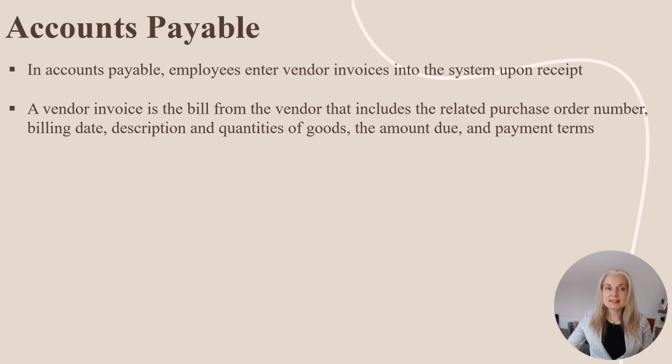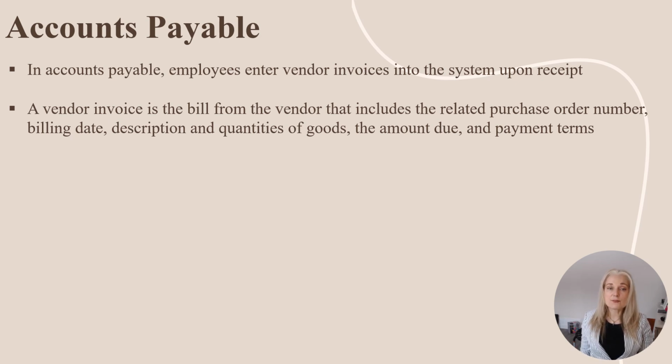Now we are at the stage where the accounting department gets involved, and in particular accounts payable. So once the goods are received, in accounts payable, employees will enter the vendor invoices into the system. So this now generates an accounting transaction.